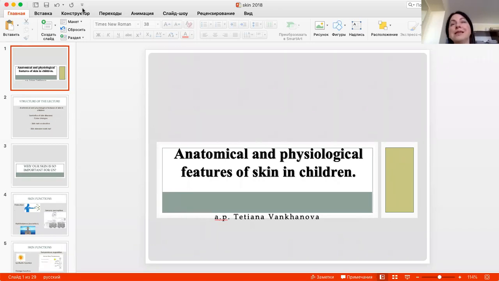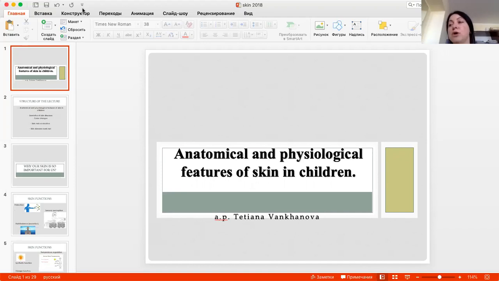More often in children than in adults. Why the clinical symptoms of skin diseases may be different in children and in adults, even in case of the same type of pathology developed. Then we will talk about the methods of investigation of the skin in children, and we will talk about the semiotics at the end.